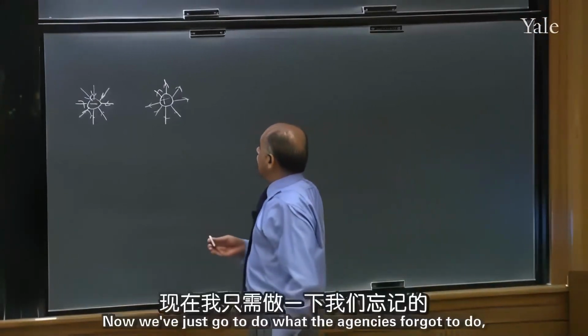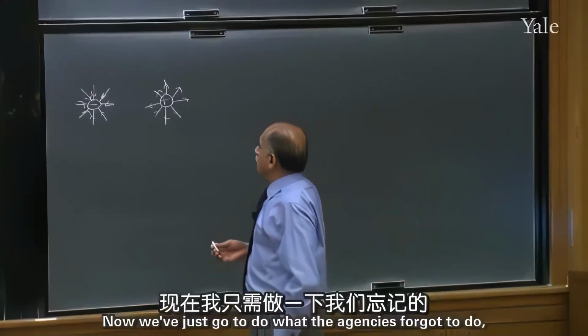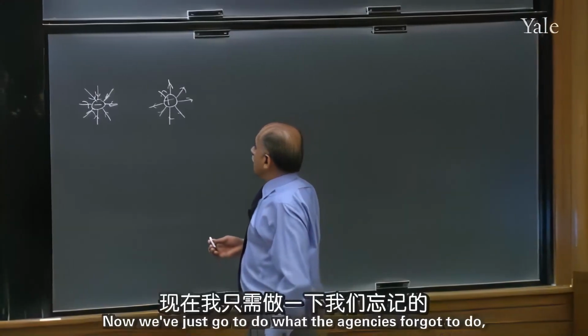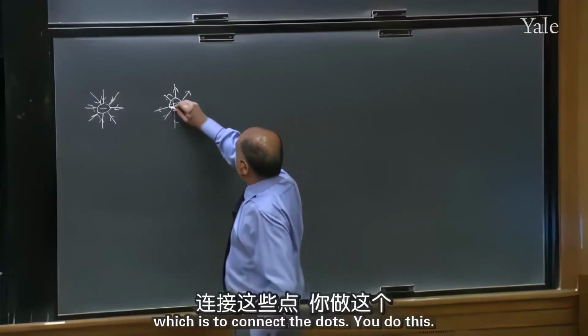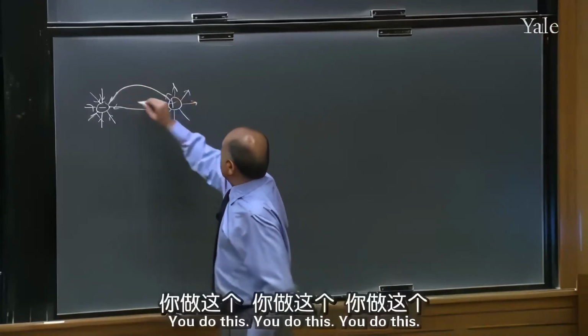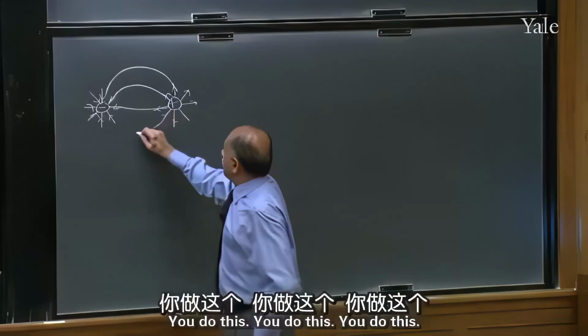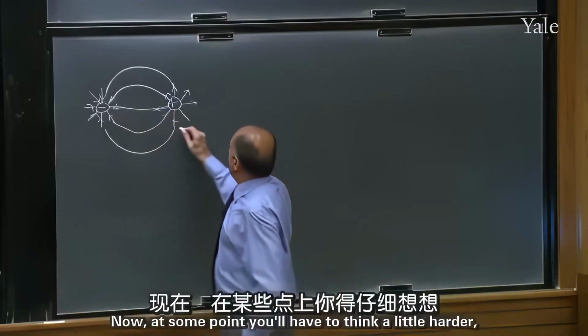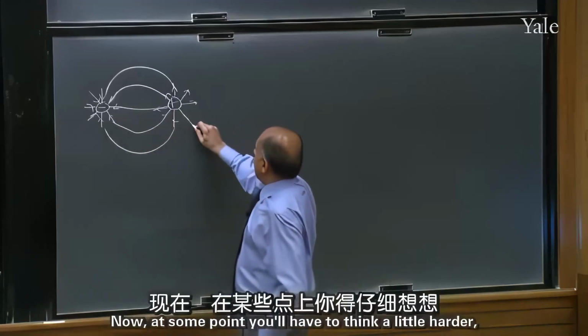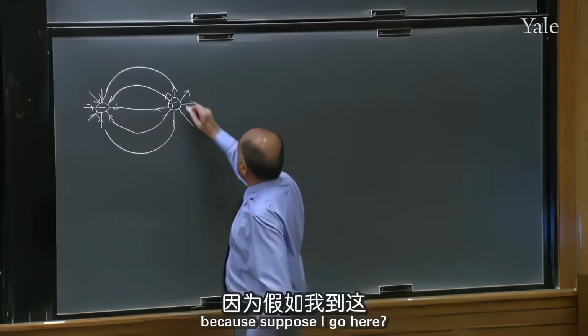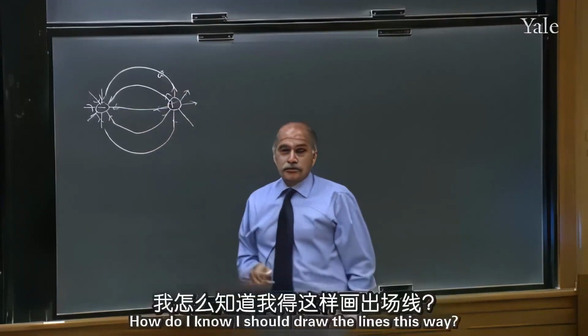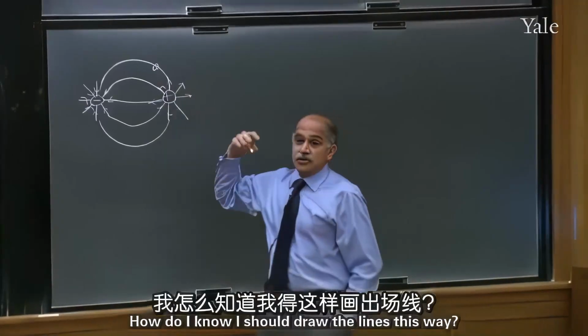Now you just got to do what the agencies forgot to do, which is to connect the dots. You do this, you do this, you do this, you do this. Now, at some point, you will have to think a little harder because suppose I go here. How do I know I should draw the lines this way?